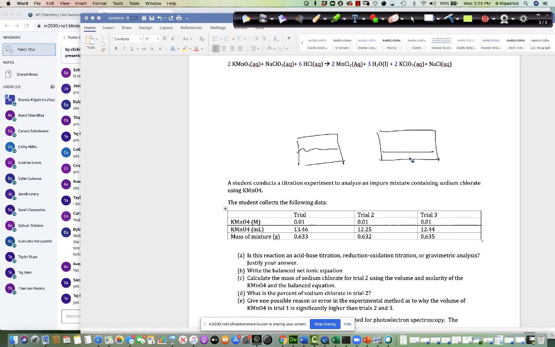So the evaporation error would not lead to this particular error. I did remember seeing several people put that, but that error is not going to lead to this. If you had another response that you want me to talk about, you can do that. Those are just the main ones that I remember off the top of my head.